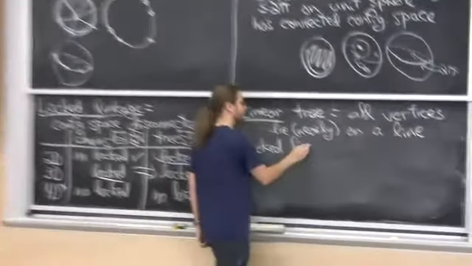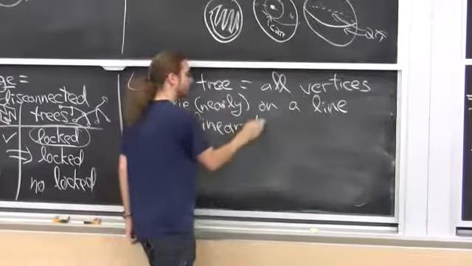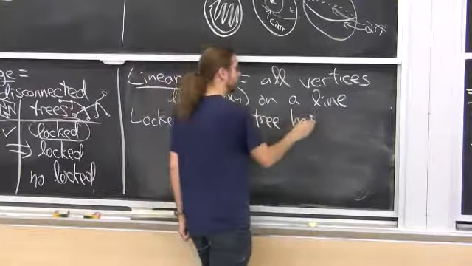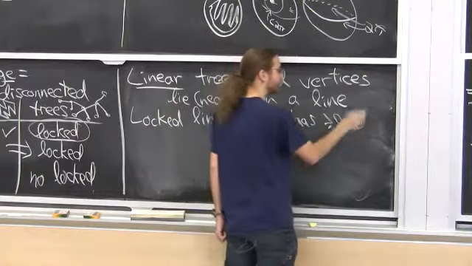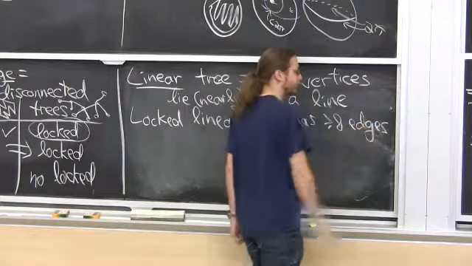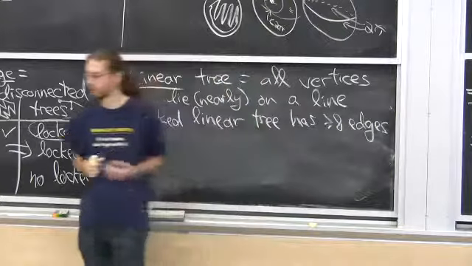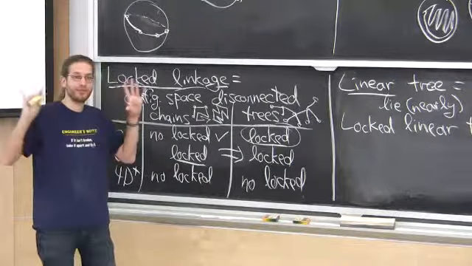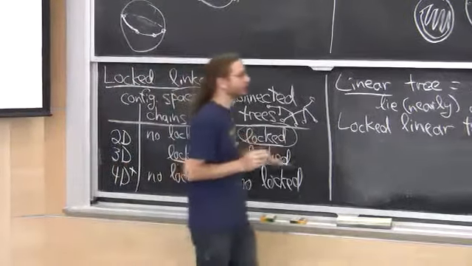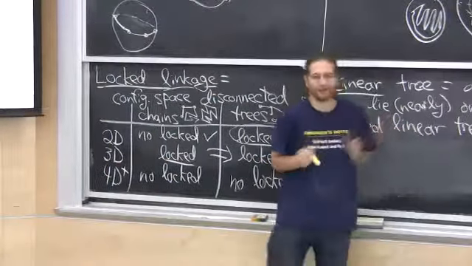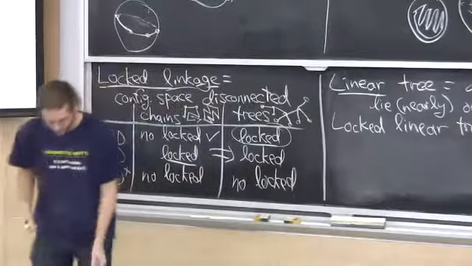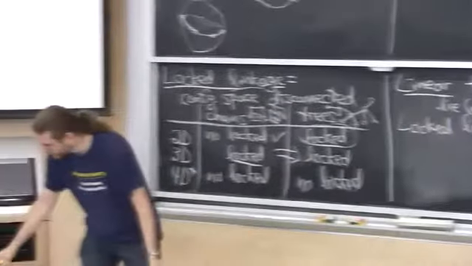Locked linear tree has at least 8 edges. So at least among linear locked trees, that example is optimal. But maybe you could use the second dimension to do something better than 8 edges, but I don't think so. That's an open problem.